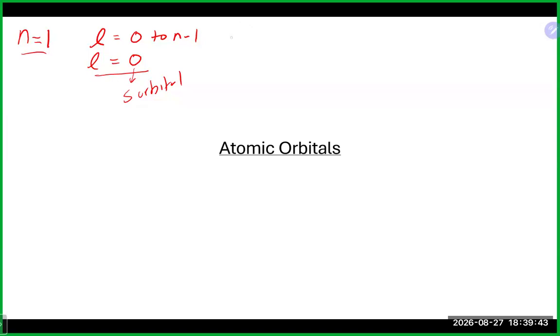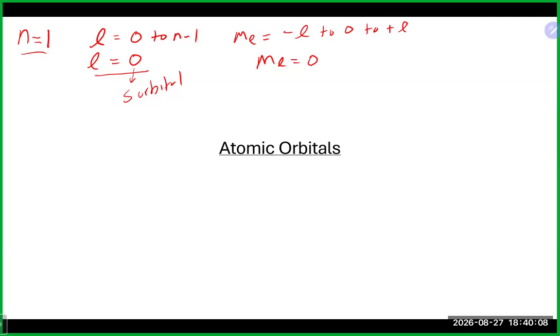Now, if we do m sub L, it could have a value from minus L to 0 to positive L. And obviously you can't have a negative 0 or anything like that. So if your L value in this case is 0, the only possible value for m sub L is 0.